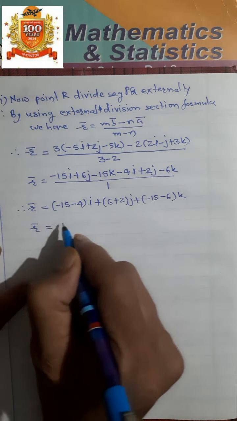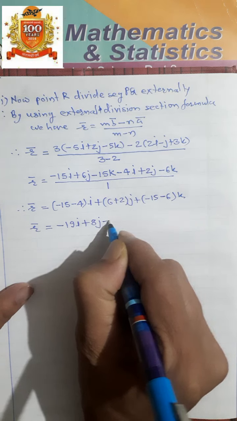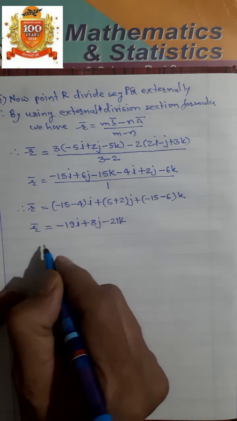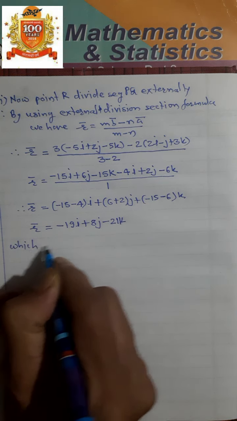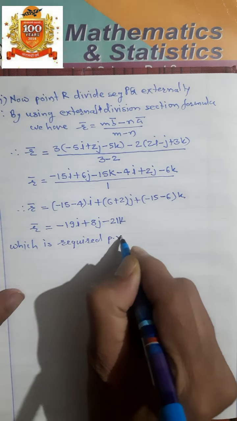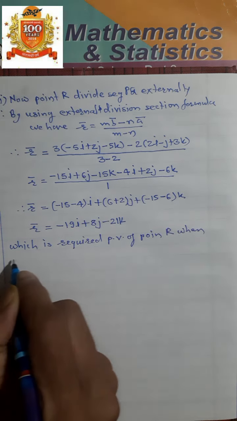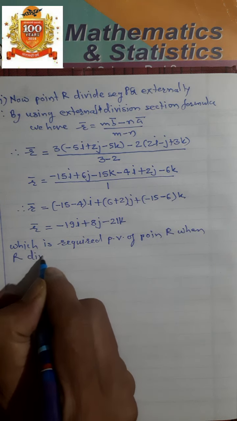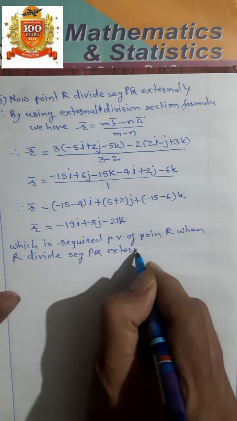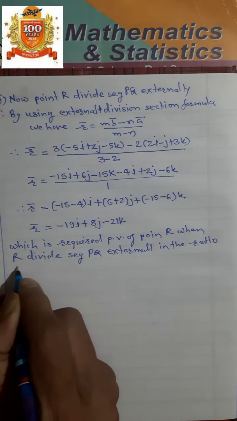Therefore, R bar is equal to minus 19i plus 8j minus 21k, which is the required position vector of point R when R divides segment PQ externally in the ratio 3:2.